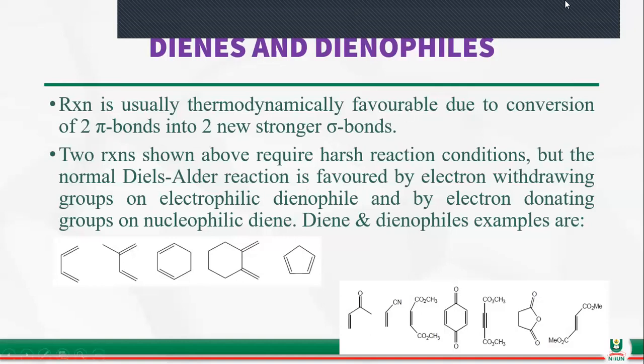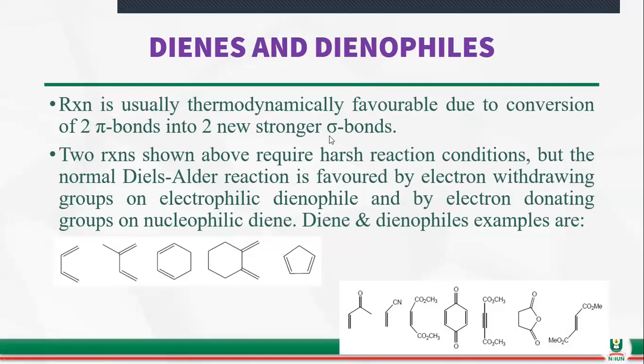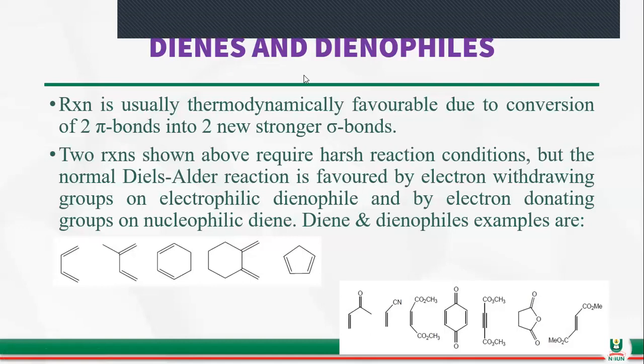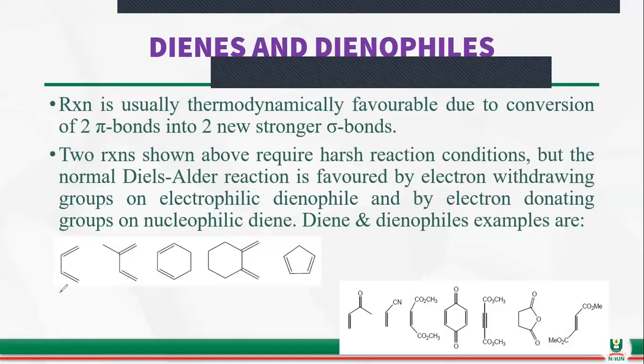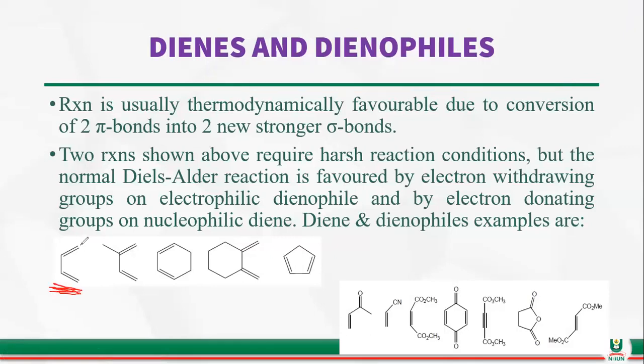So let's look at dienes first. Anytime you have two carbon double bonds in conjugation, where they are conjugated is where the diene will answer to you. An example of such is what you have here. This first one is buta-1,3-diene.